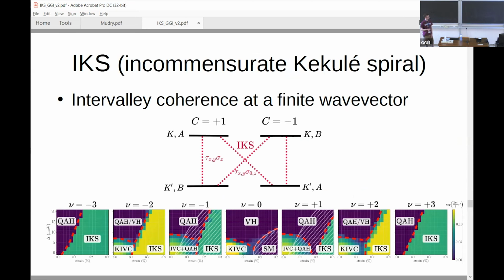And the way it works is that it includes coherence between all these different sectors in this band structure. So it includes coherence between opposite valleys, opposite Chern numbers, and mixes these all together. And it does so at a finite wave vector. So the expectation value of this intervalley coherent order parameter is only non-zero at some finite wave vector Q.